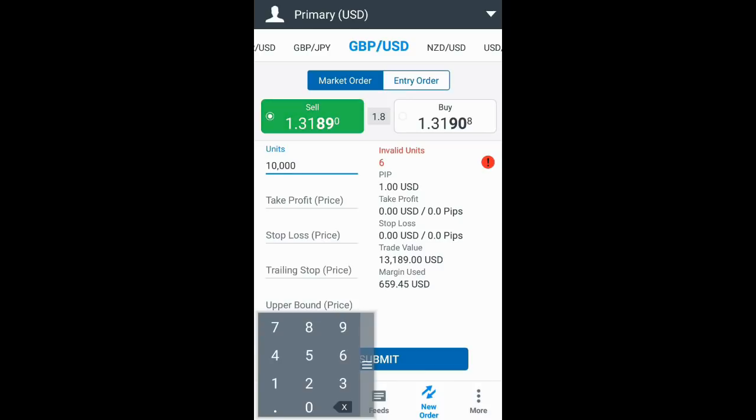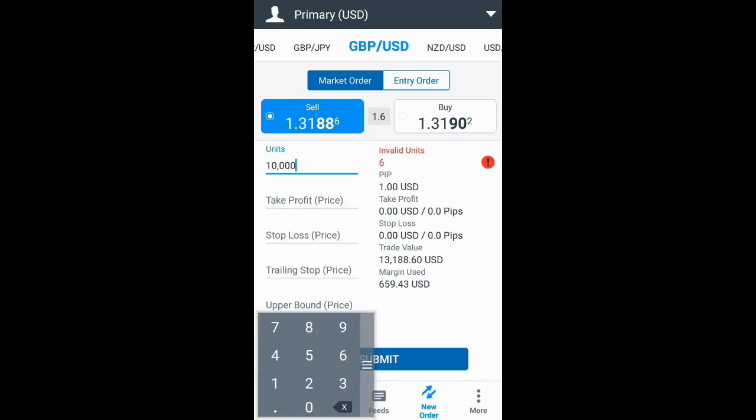So let's get that. Make sure you take notes to get that embedded in your mind. That 10,000 units is equal to 0.10 lot sizes. So get that understanding into your head. Once you do that, you can flow a lot easier.